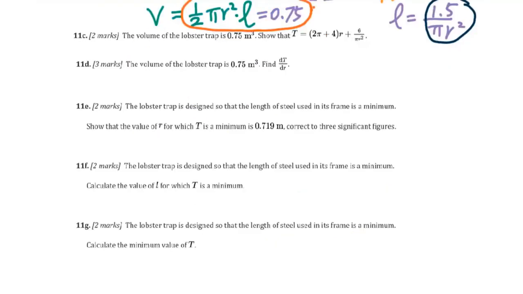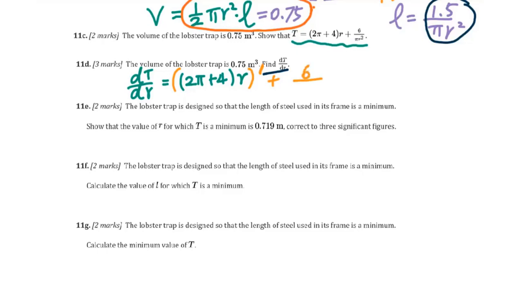Let's go to 11D. The volume of a lobster trap is 0.75 meter cubed. Find the dT by dr. We know this T equals this. So we have dT by dr equals 2 pi plus 4 times r, we have to do the derivative. Then plus 6 over pi r to the negative second power, we have to do derivative.